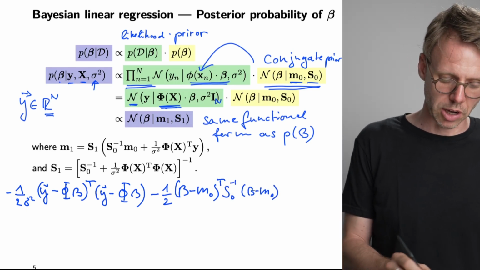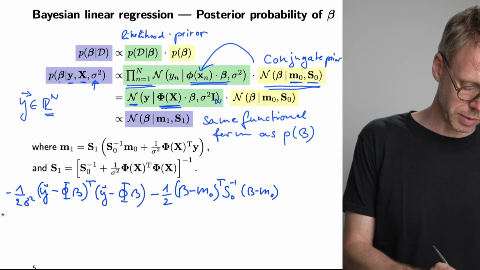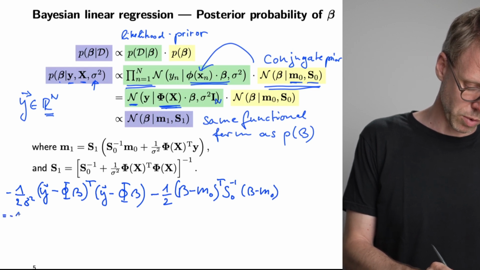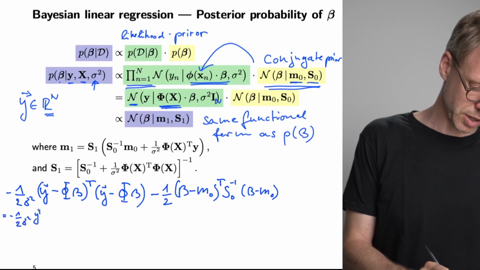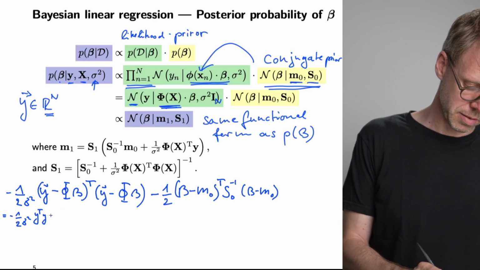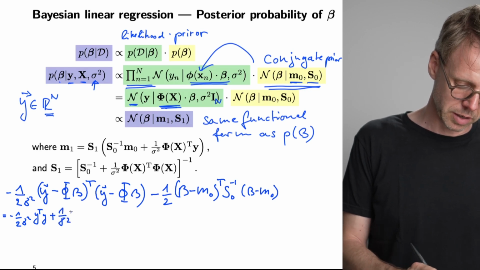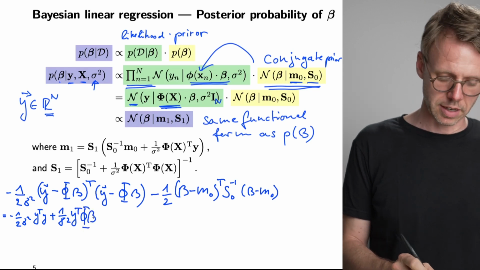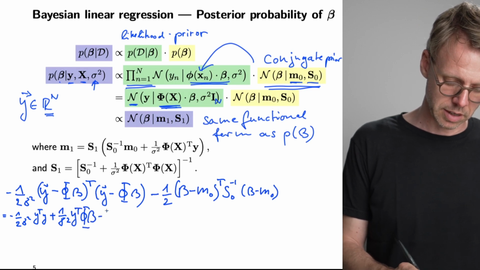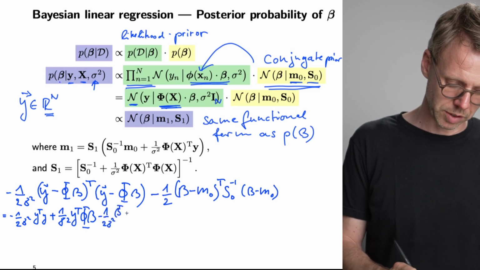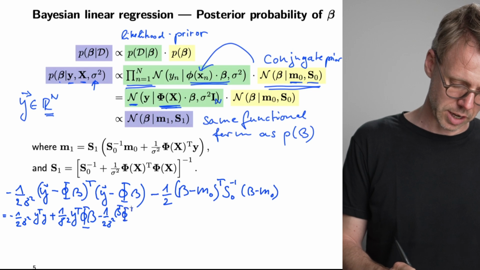Now we multiply out all of these terms, so we get minus 1 over 2 sigma squared times y transpose y, plus 1 divided by sigma squared y transpose phi beta, minus 1 over 2 sigma squared beta transpose phi transpose phi beta.